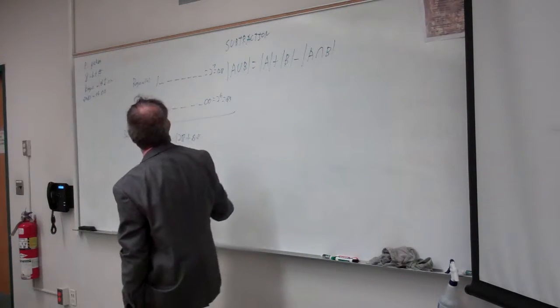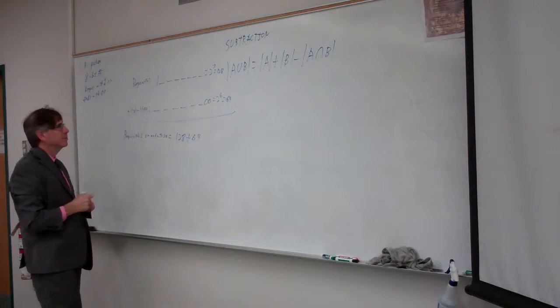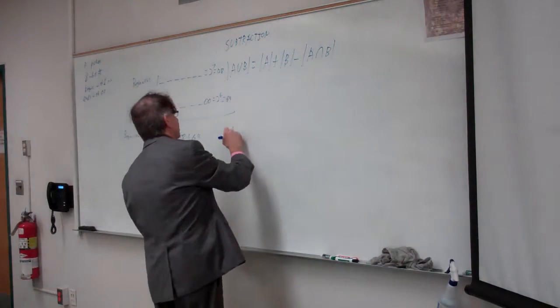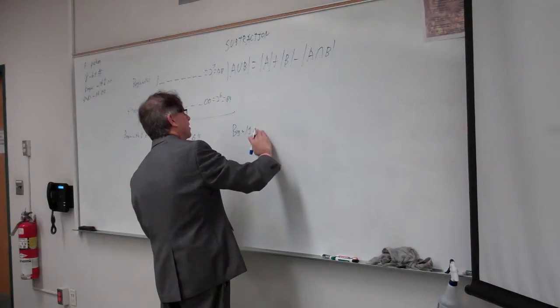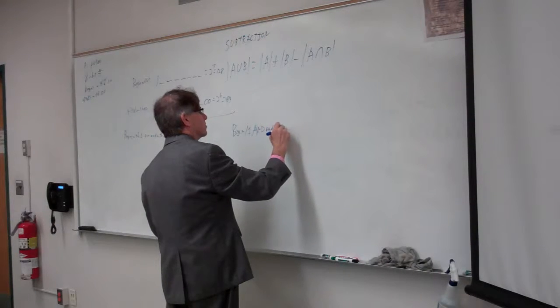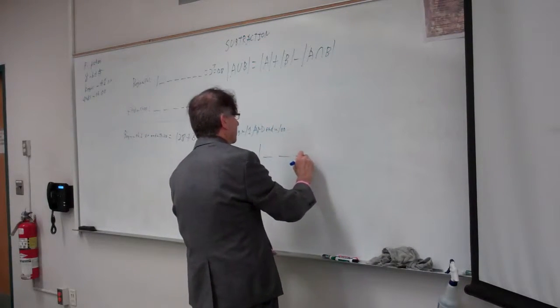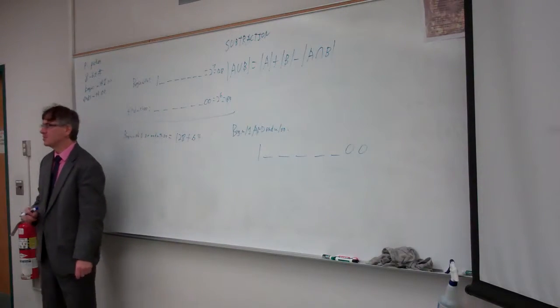So how many numbers are in the overlap between these two sets? 2 to the 5. Right, so begin with 1 and end with 0, 0. That's 1, followed by any 5 digits, followed by 0, 0.